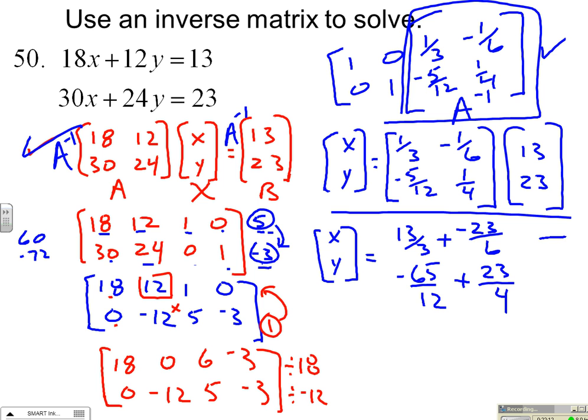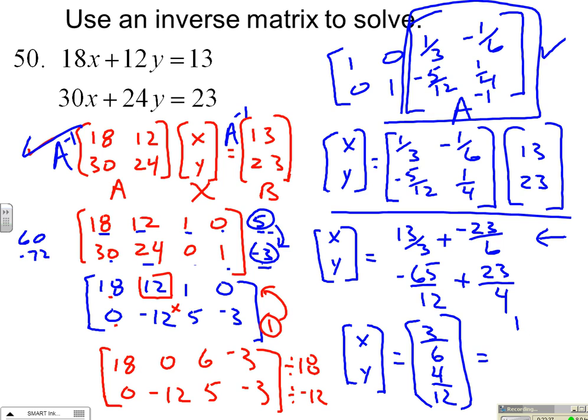Or, if I convert both denominators to sixths, I get 26/6 minus 23/6, or 3/6. In the denominator, if I go to twelfths, I get negative 65/12 plus 69/12, 4/12. Or x is 1/2, y is 1/3. 5 points for doing that.